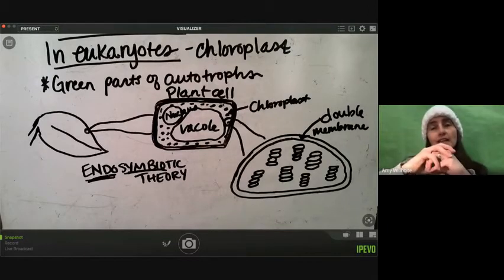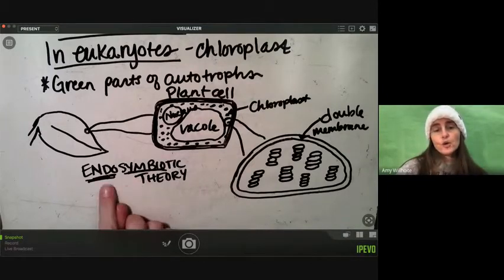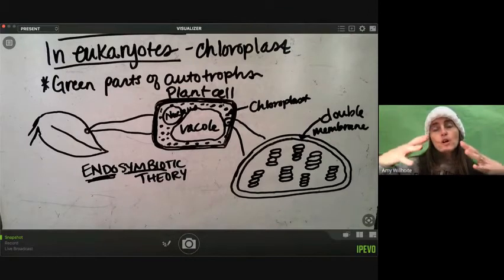And instead of eating it, dissolving it, it actually just started living inside of it, endosymbiotic. And they started helping each other. The larger prokaryote would be able to take in nutrients from the outside world, and the smaller prokaryote would be doing its photosynthesis and producing glucose. And so they were happy together.